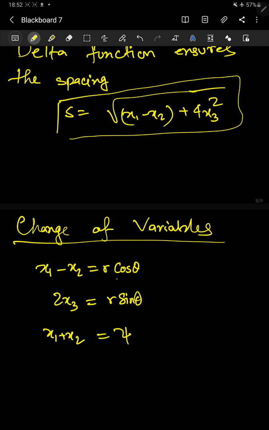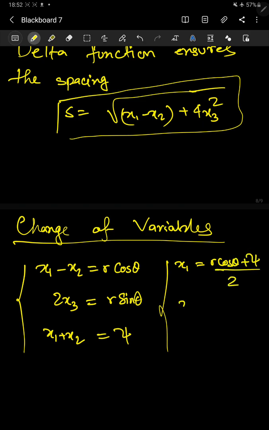So we define three new coordinates, r, theta, and psi. Let's say x1 would be (r cos theta plus psi) over 2, x2 is (psi minus r cos theta) over 2, and x3 would then be r sine theta over 2.